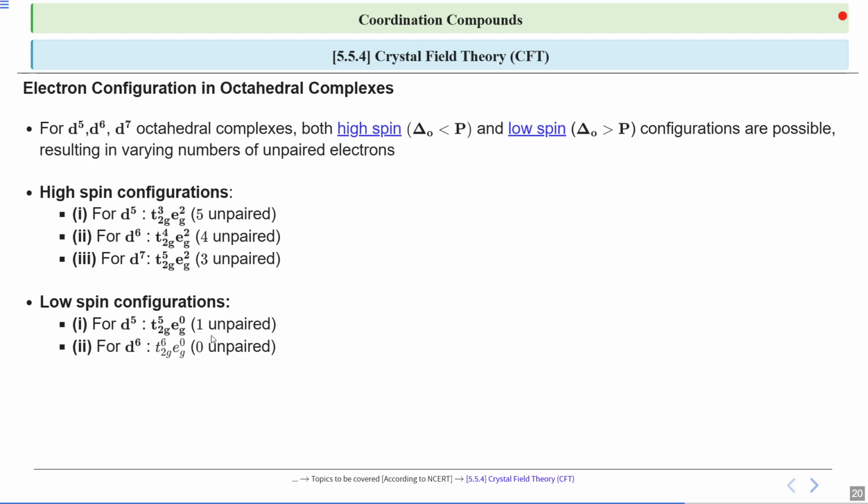For d6, we get t2g6 eg0 configuration, that means no unpaired electron. For d7, because t2g6 is completely filled, 1 electron will go into the eg orbital. So t2g6 eg1, that means 1 unpaired electron for the d7 configuration in the case of low spin.